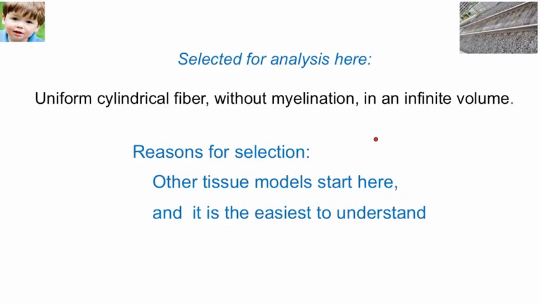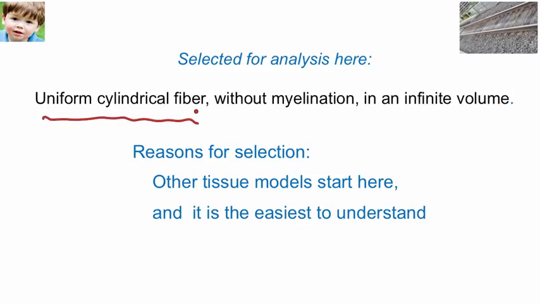So in our course, we don't have time to examine lots of different tissue structures, interesting though that would be. Instead, what is done here is we work only on the uniform cylindrical fiber.